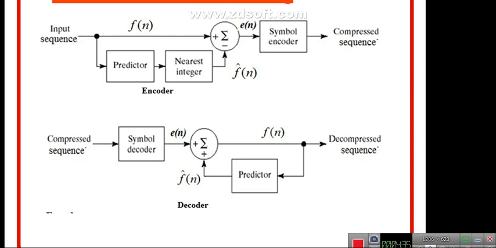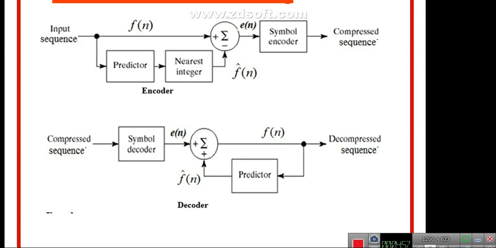Then lossless predictive coding. On the encoder side we use a predictor, nearest integer and a comparator, where e of n is measured from the comparison between f of n and f cap of n. That is, e of n is equal to f of n minus f cap of n.